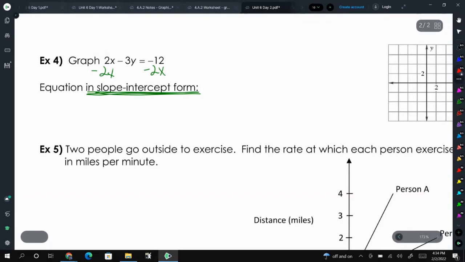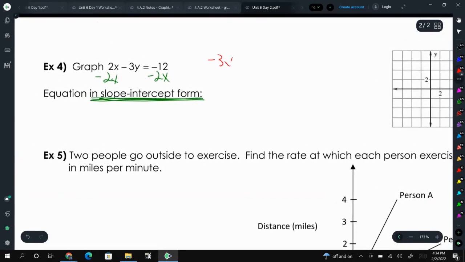So then that's going to give us negative 3y equals negative 2x minus 12. And then we have to divide everything by negative 3. So we get y equals 2 over 3x plus 4.